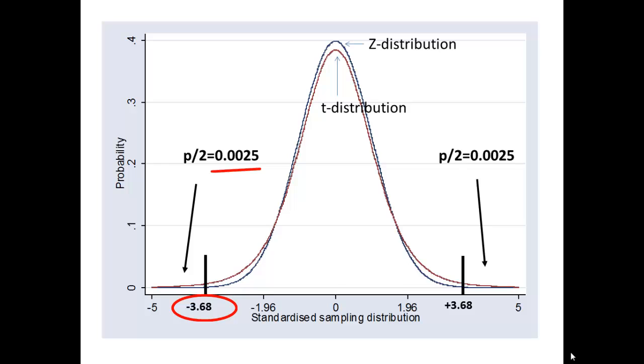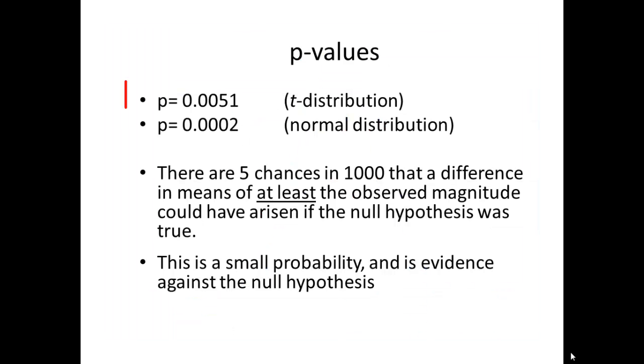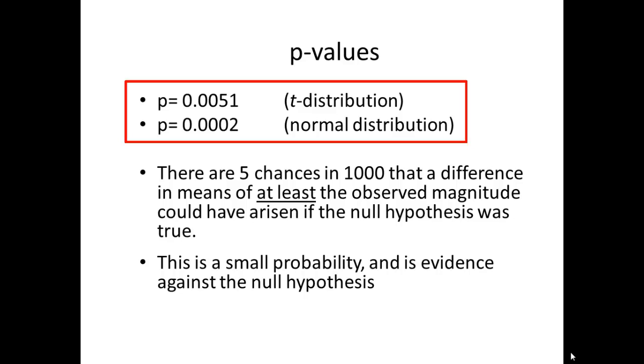So the p-value is this value multiplied by 2, which is equal to 0.005, and that's just written here. So you can see that the p-value from the t-distribution is quite a bit bigger than the p-value from the normal distribution, which is 0.0002. This is what we would expect.